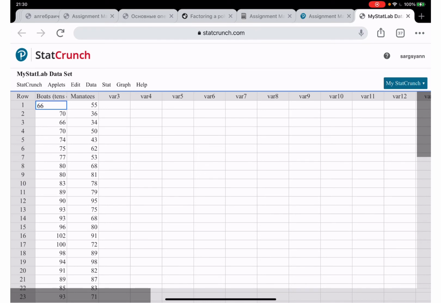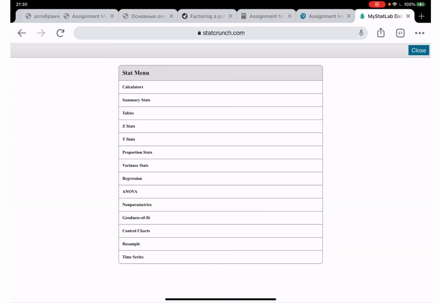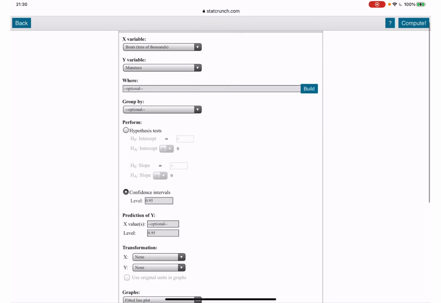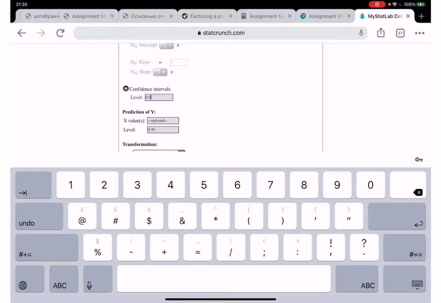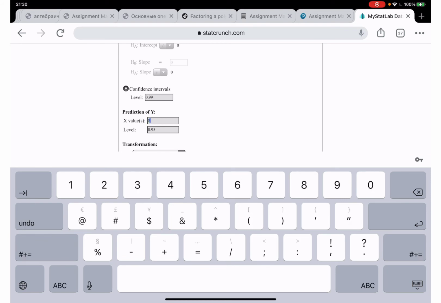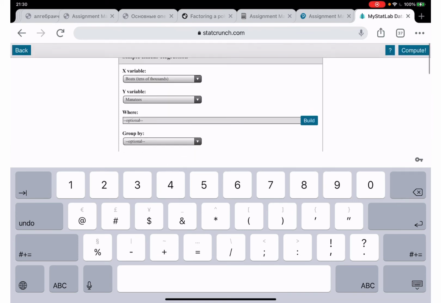Gee, I have to go through everything again. So it's going to be Stat, Regression, Simple Linear. Confidence, we have to be 99. And this is the value of X, which is plugging into the equation. This is also 99. And we go to compute.